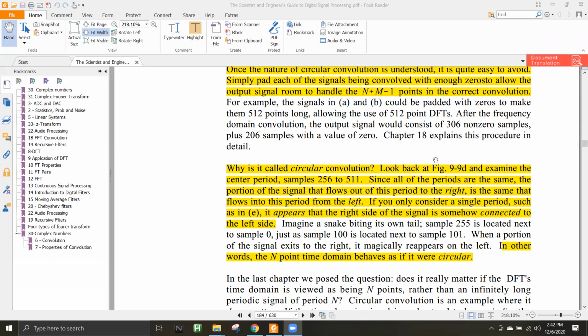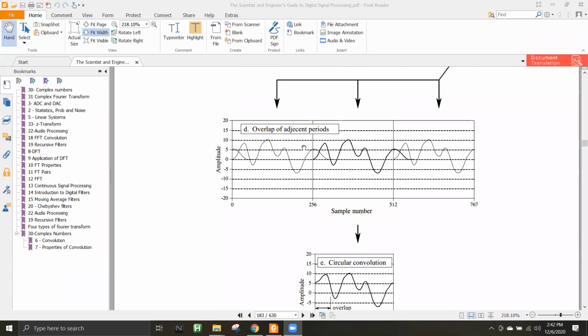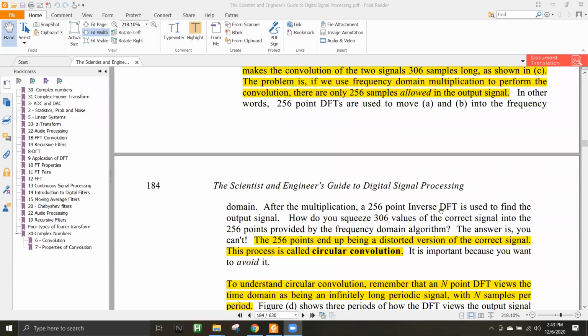So the same signal is getting repeated to the left and right. We are taking one period of it and repeating it to the left and right. And anytime we go to the right and do not find any more samples to give, we just start from the left part and add it here. So we are ending one period here, and the next part would come from here, and the leftmost sample of it would start from here again.